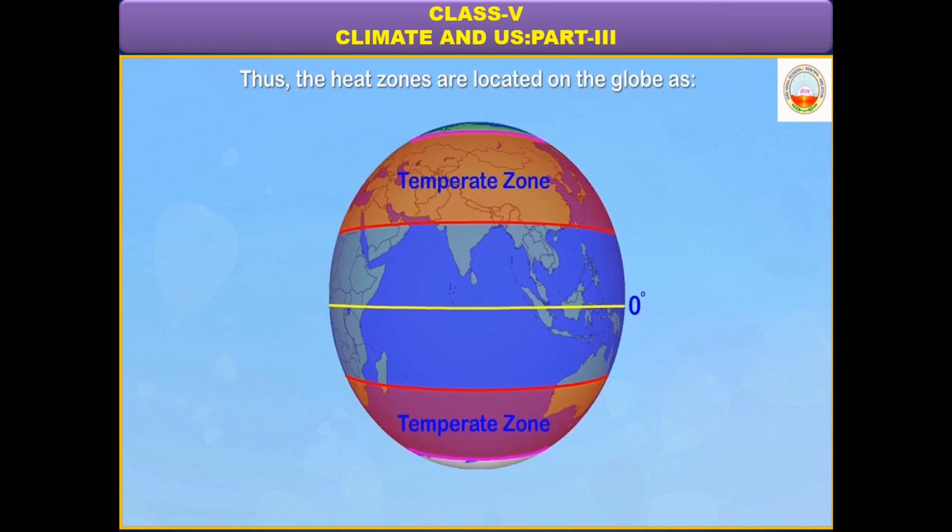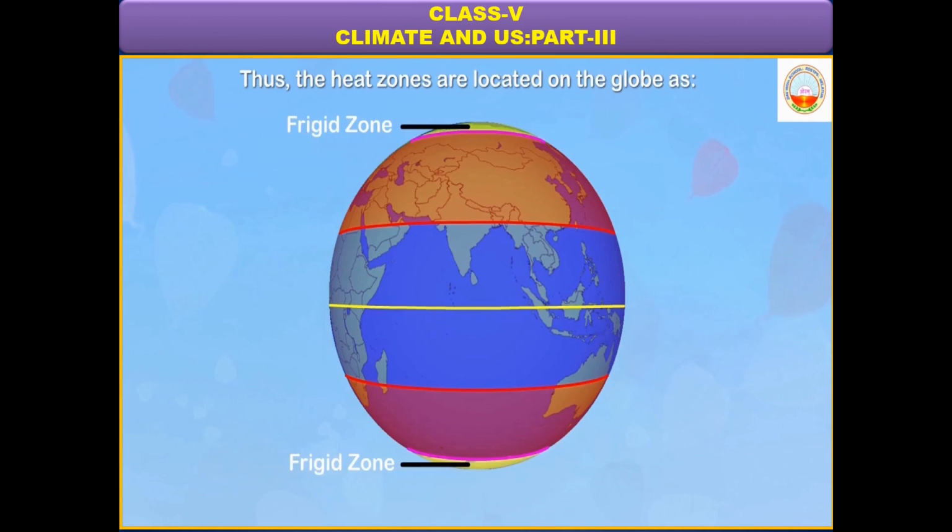Temperate zone, 23 and a half degrees north to 66 and a half degrees north, and 23 and a half degrees south to 66 and a half degrees south. Frigid zone, 66 and a half degrees north to the North Pole, and 66 and a half degrees south to the South Pole.